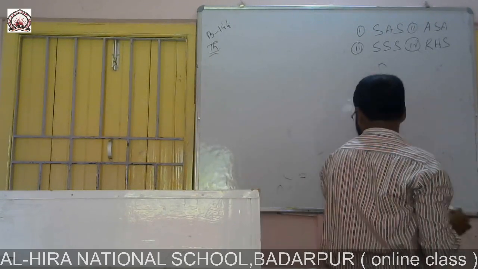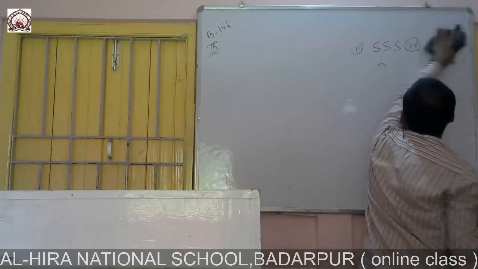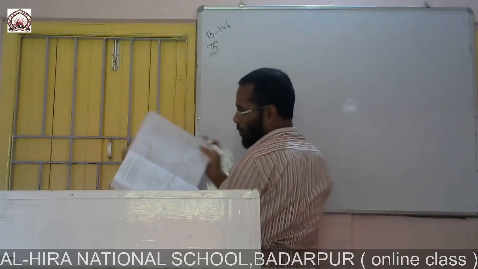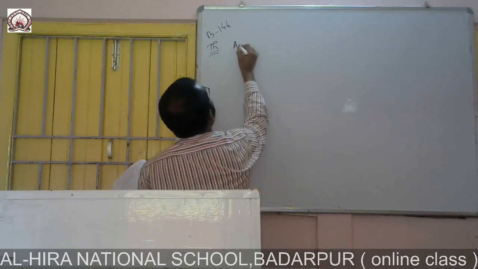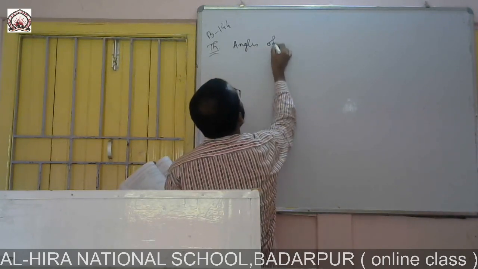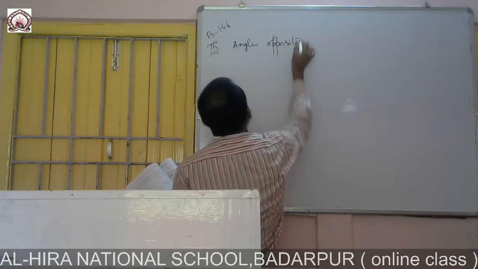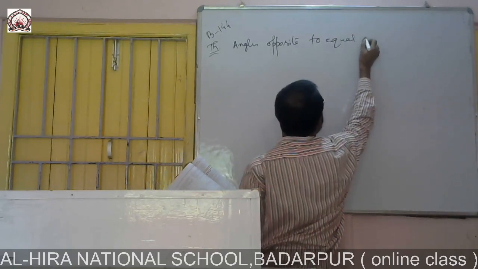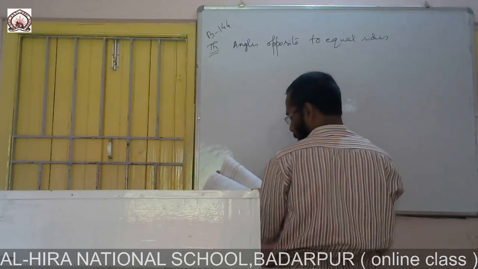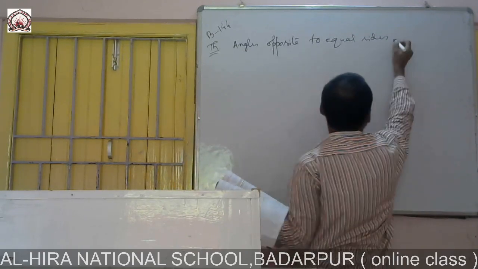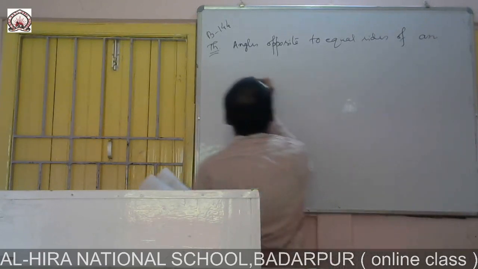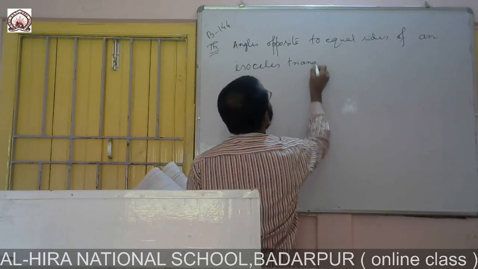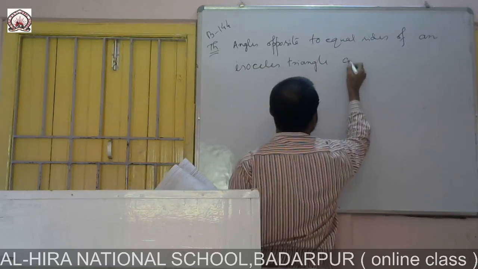The statement of the theorem is, I am writing here: angles opposite to equal sides of an isosceles triangle are equal.